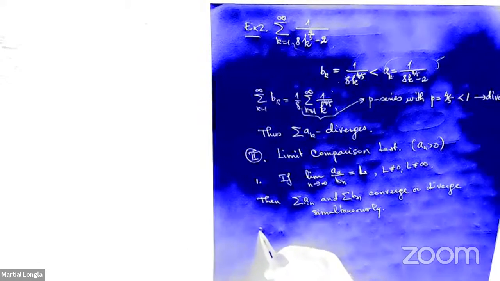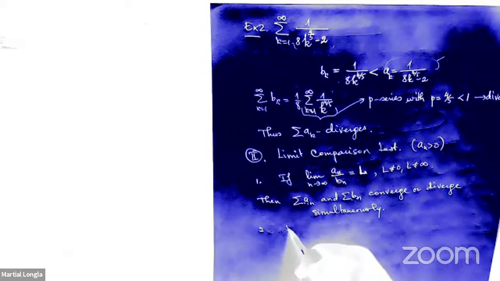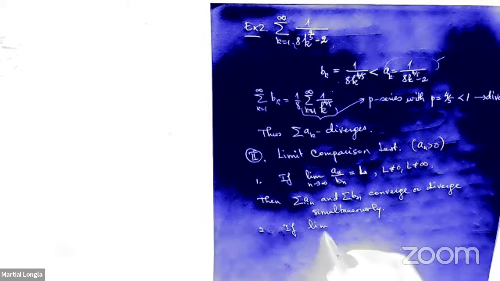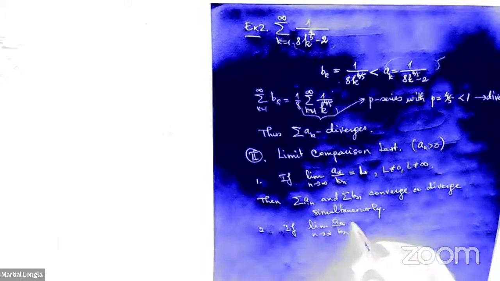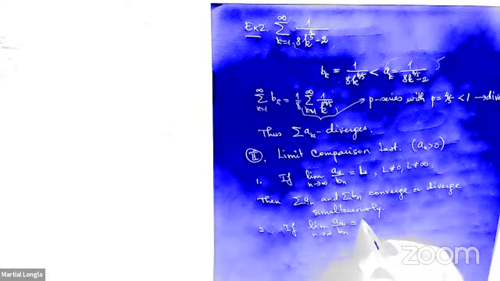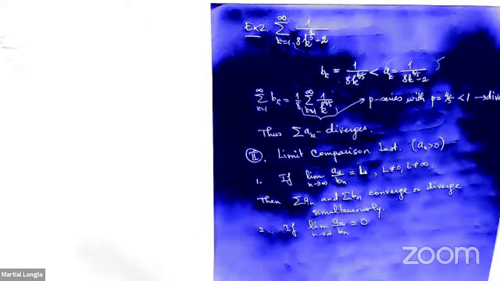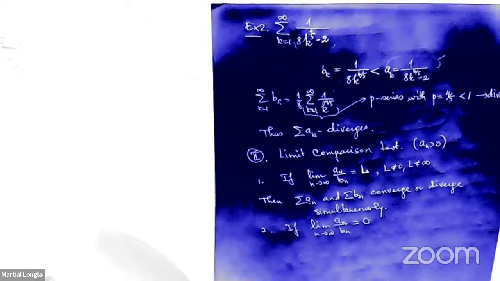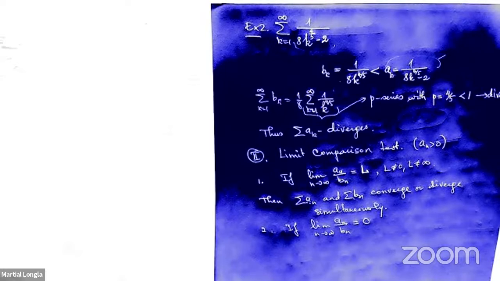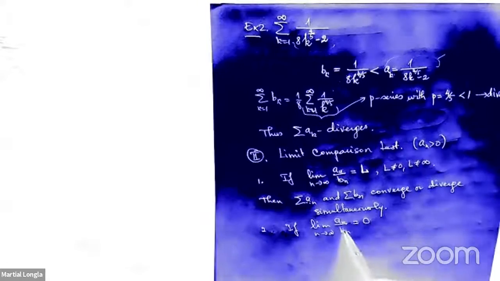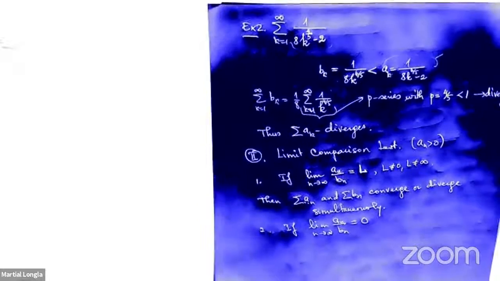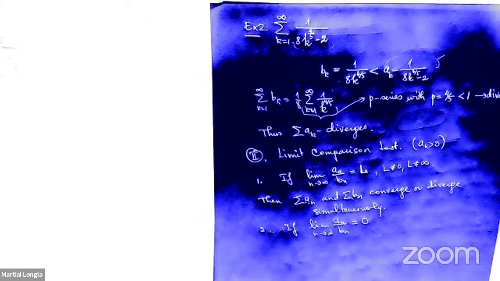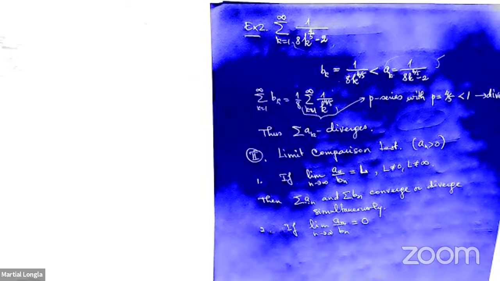And the second part in there is if limit as n goes to infinity of an over bn equals 0, if this is the case, that means that bn is very large compared to an.